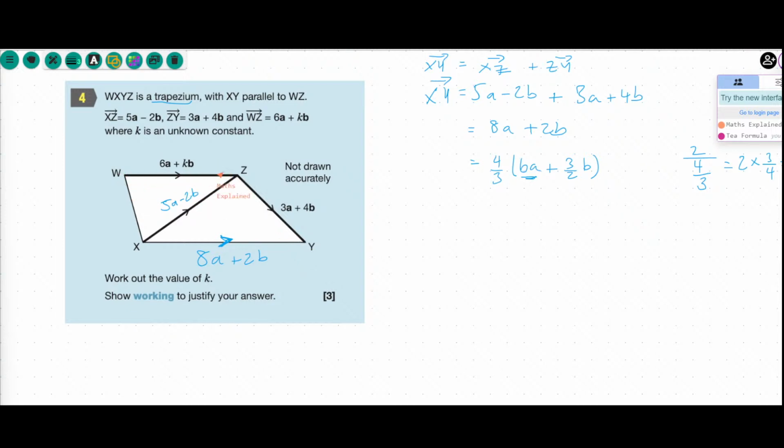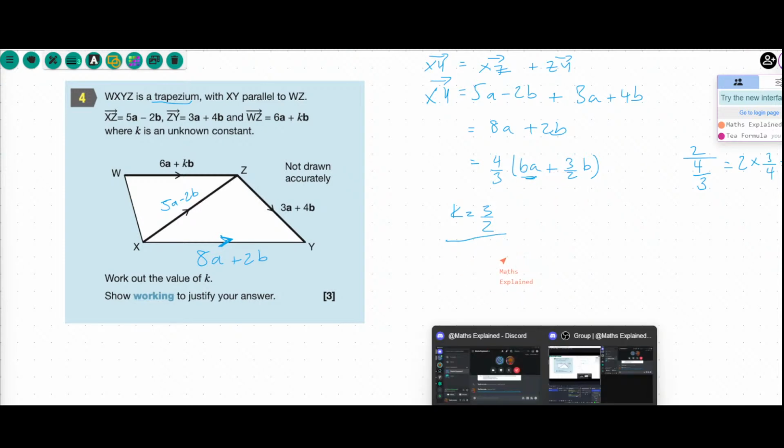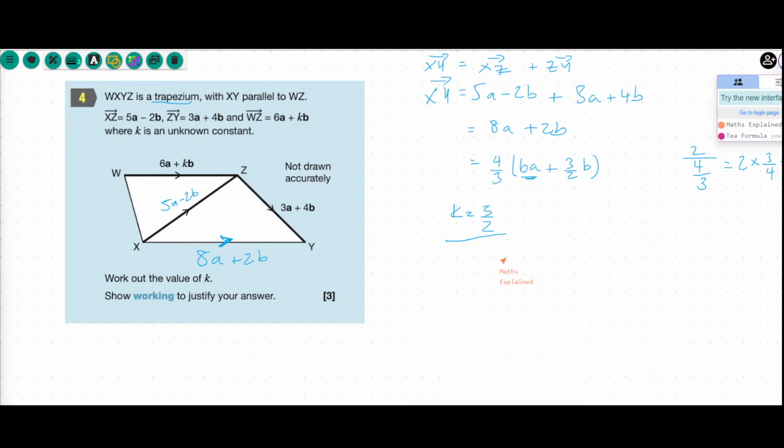And those vectors being parallel, that means k must be this coefficient of b, which is 3 on 2. So yeah, a couple of questions with parallel vectors and needing to understand how to compare coefficients and equate coefficients. There. Awesome.